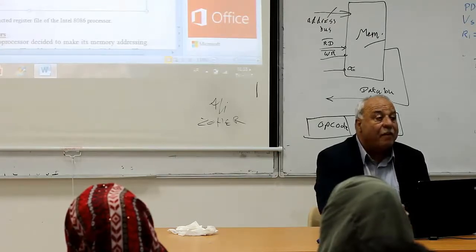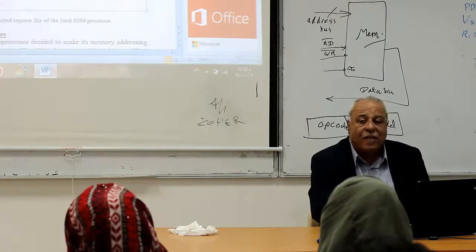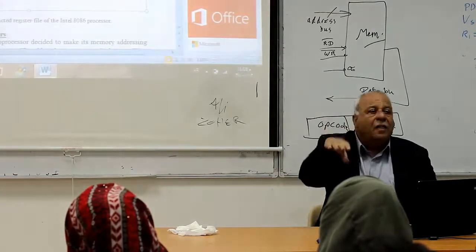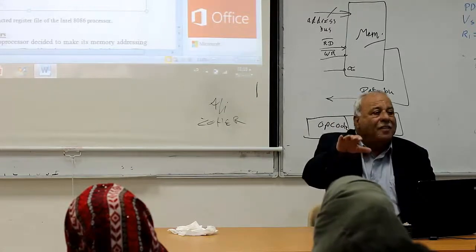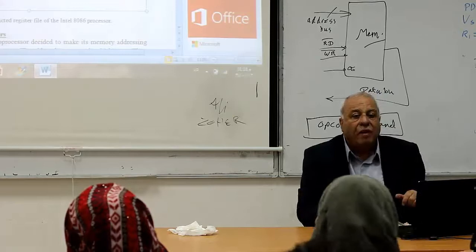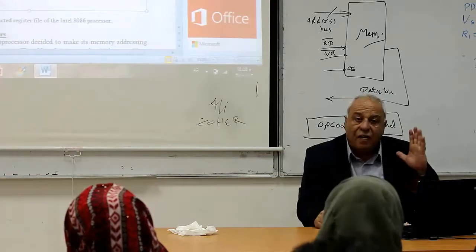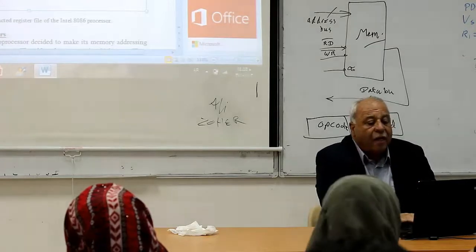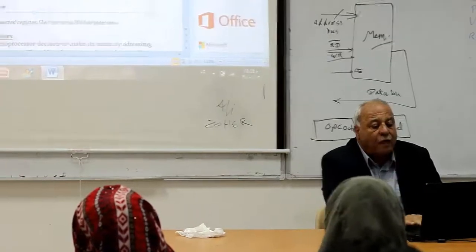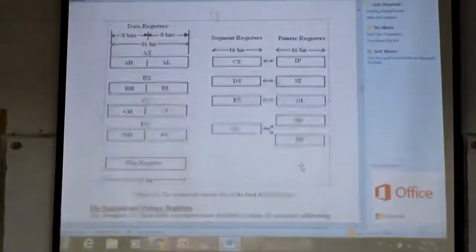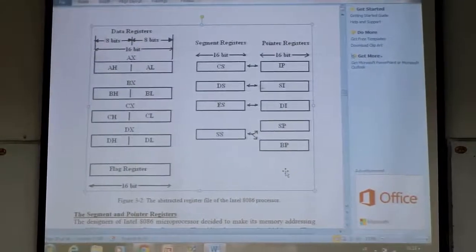The stack segment is where we pile the information, one on top of the other. Later we will discuss the stack concept in detail. These pointers point to the instruction or to the information inside the segment.